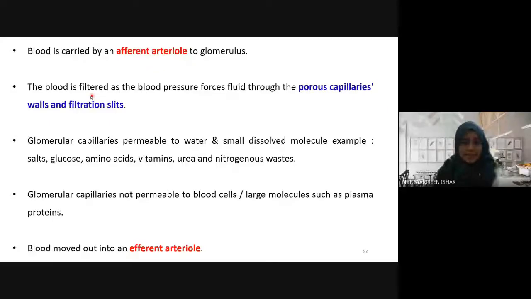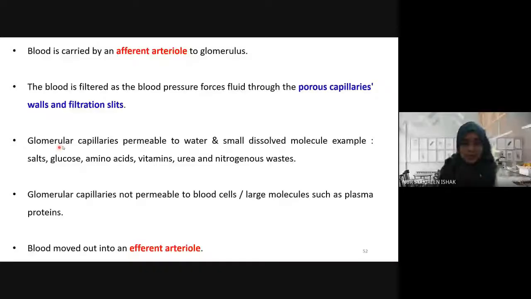Okay. So the blood is carried by the afferent arteriole to the glomerulus. So the blood is filtered as the blood pressure forces fluid through the porous glomerular capillary walls and also the filtration slits. Presence of this structure, filtration slits, allows fluid from the glomerulus to enter into the Bowman capsule to become the filtrate.